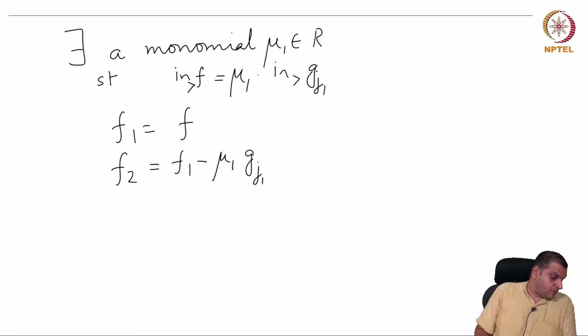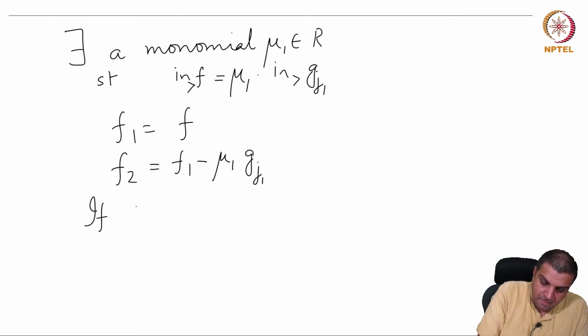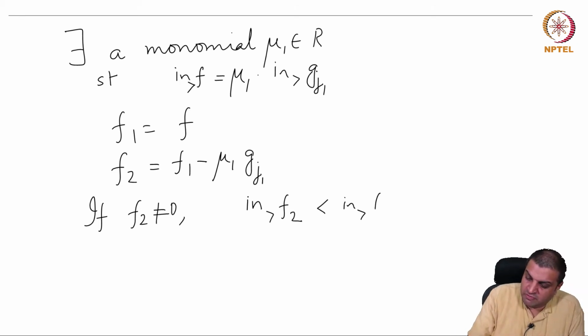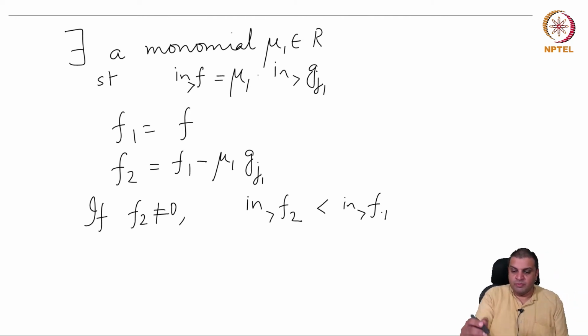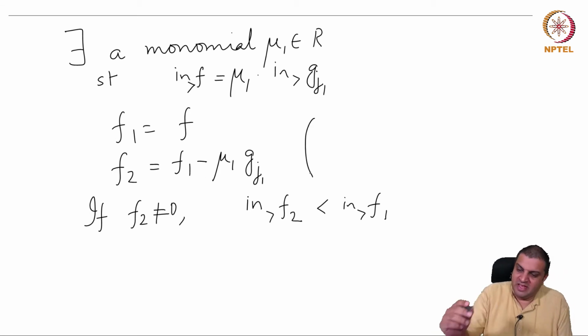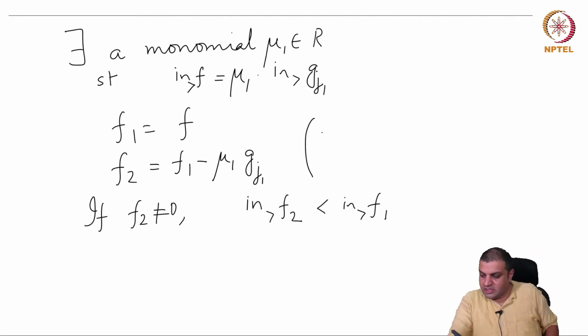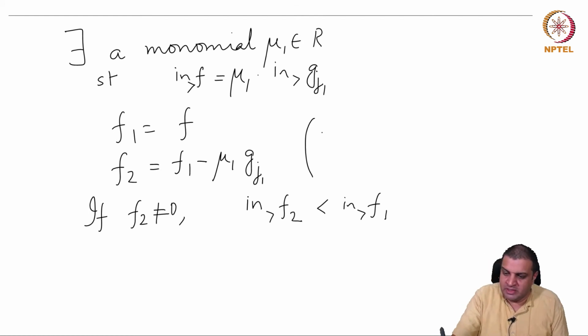What is the property of this? If F2 is not 0, then we can talk about the initial term of F2. This has to be less than the initial term of F1, because mu1 times Gj1 was multiplied precisely to cancel the initial term here. Let me be vague here; we need to take care of coefficients. When we say initial term, we are taking it with coefficient 1, but that may not work all the time.